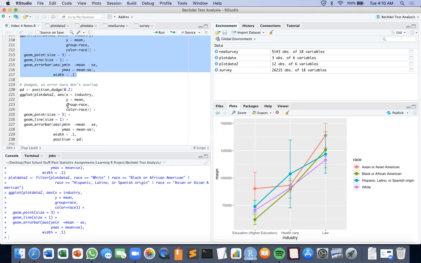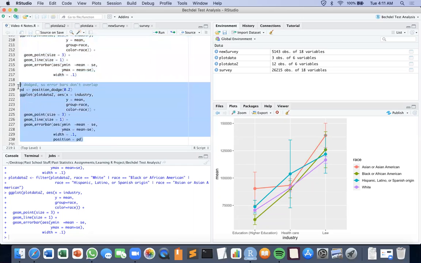And we did something similar when we graphed our bar plots 2 videos ago, where instead of having them stacked on top of each other, we had the bars dodge each other, one after another, side to side. So let's just run that.